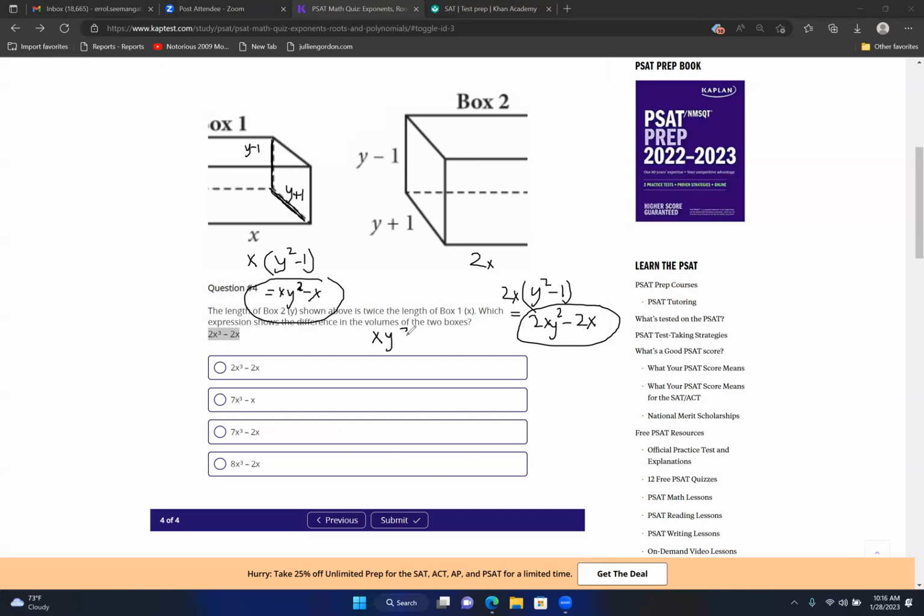And then what's negative 2x minus x? So we're doing 2xy squared minus 2x, minus this other one, xy squared minus x.